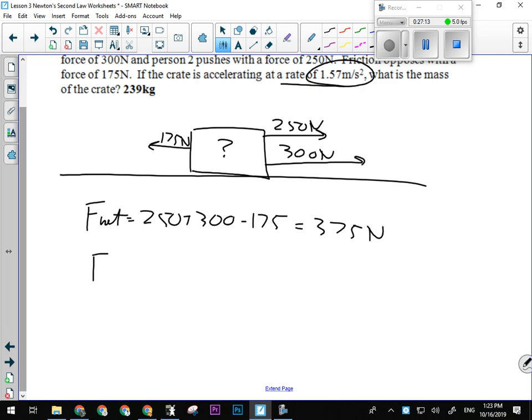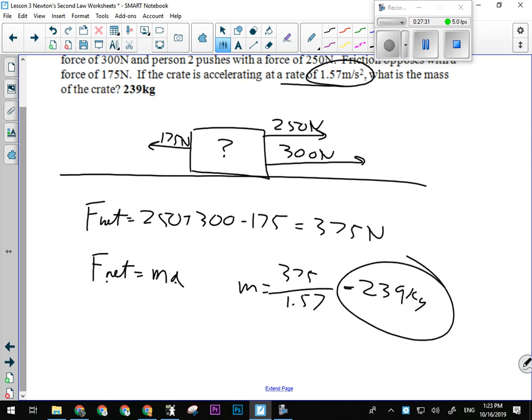That's great, because the other formula for F net is m times a. They gave me a, and I just found out what F net is, so I can calculate m. The mass will be 375 divided by 1.57. That crate is 239 kilograms. Everybody all right with that one?